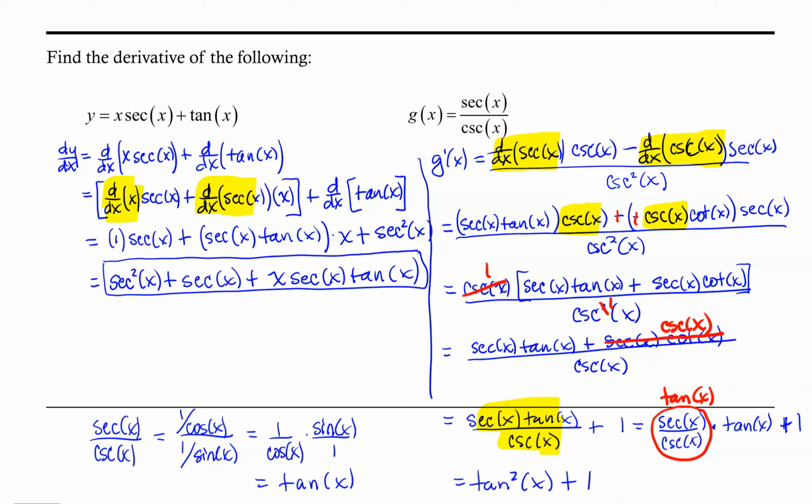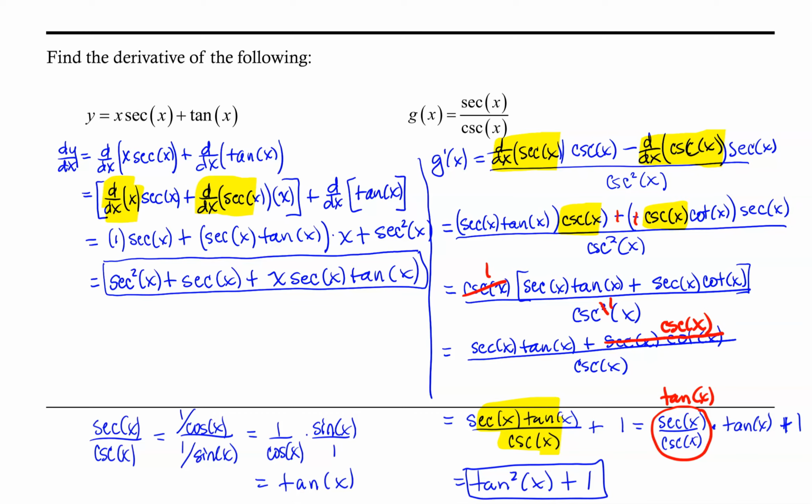Then plus 1. So if we were to look at our function, notice that it is a fraction, and use the quotient rule, work our way through it, do some simplification, we arrive at the derivative of secant x over cosecant x is equal to tangent squared x plus 1.